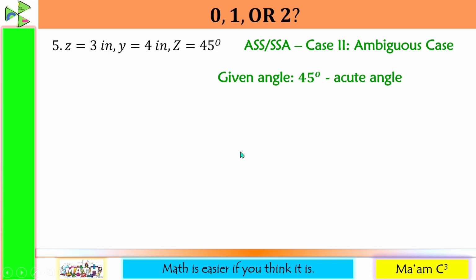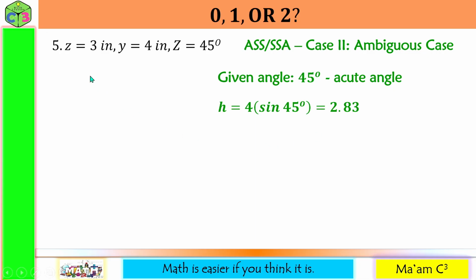It is an acute angle. If it is an acute angle, we have to solve for the height. If the given angle is Z, do not choose side z. Choose the other side. So height is equal to 4 times the sine of 45 degrees. And this will be equal to 2.83.